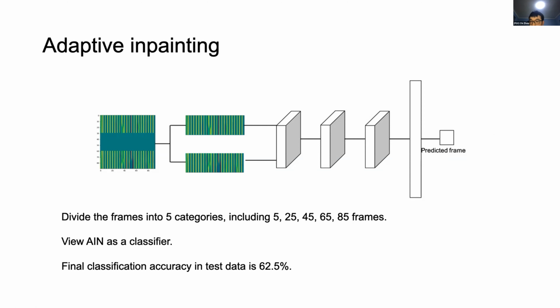And we use cross-entropy loss and train the network on our mocap data set. And the final classification accuracy on test data is 62.5. So using this small network, we can predict the frames to be interpolated. It seems like predicting the distance between two movements.